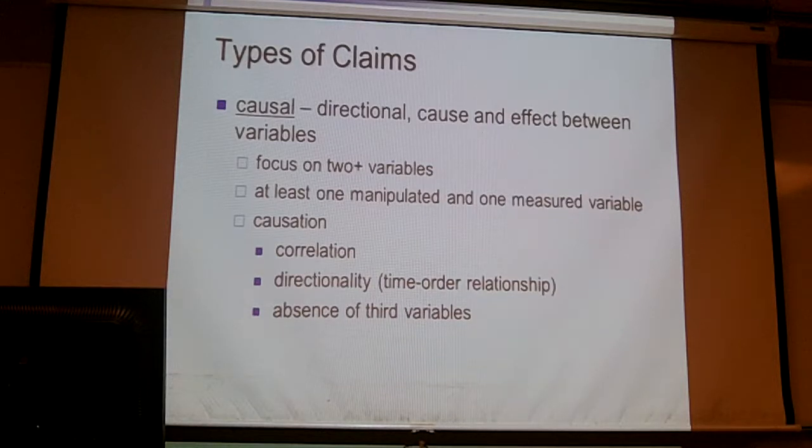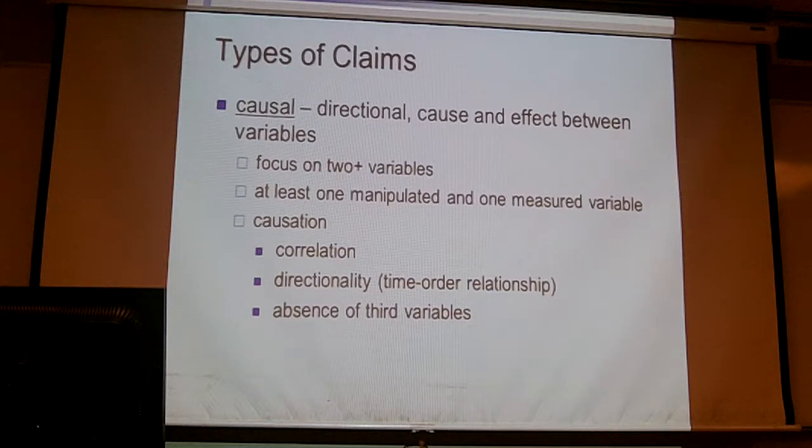And then we have the type of claim that we focus on most in this class, which is the causal claim. A causal claim has to do with one variable making another variable change in a particular way. We are making something happen.